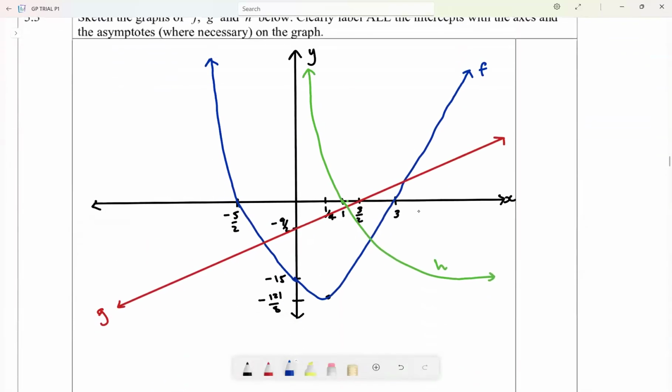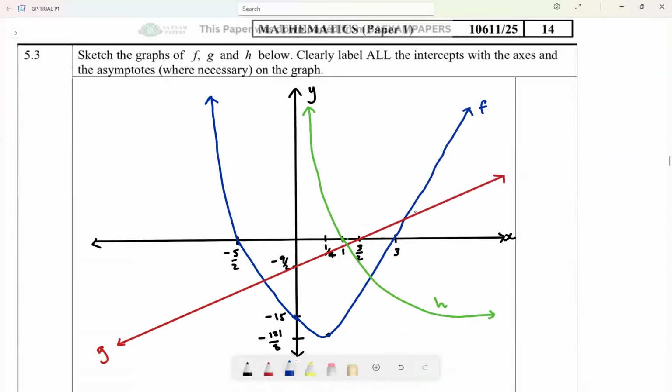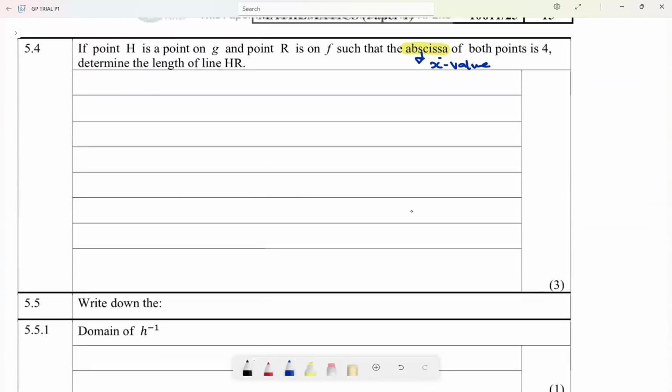G and F. Let me try to have a quick sketch of G and F so that when I start doing calculations, you will understand what I'm basically doing, so that it will make sense.